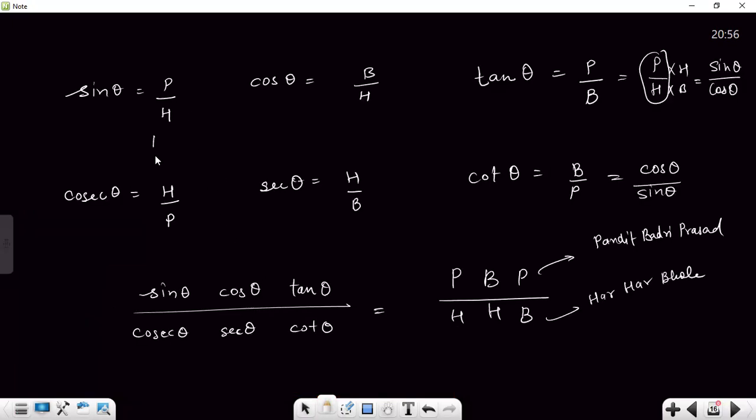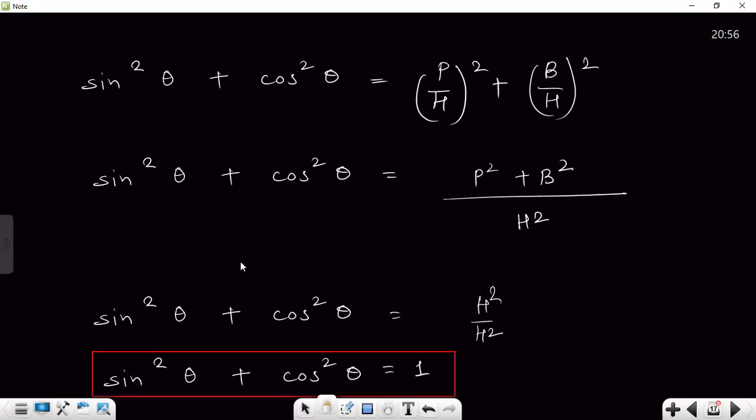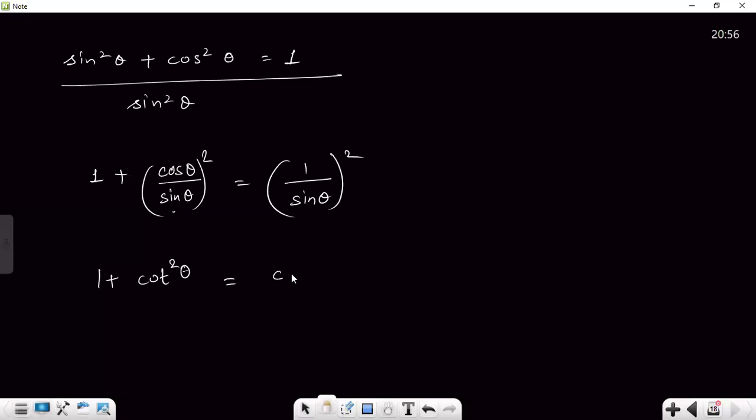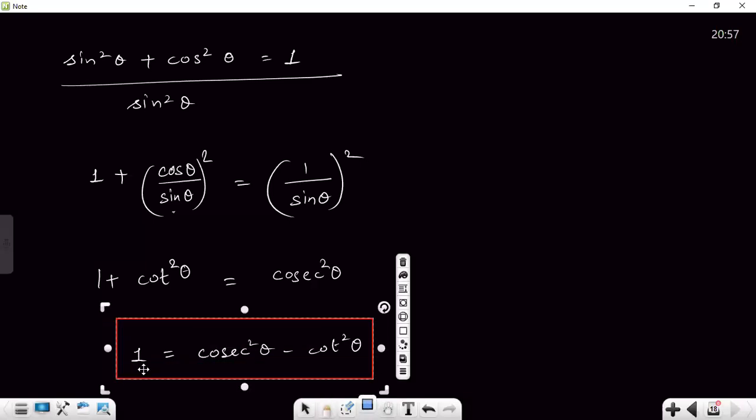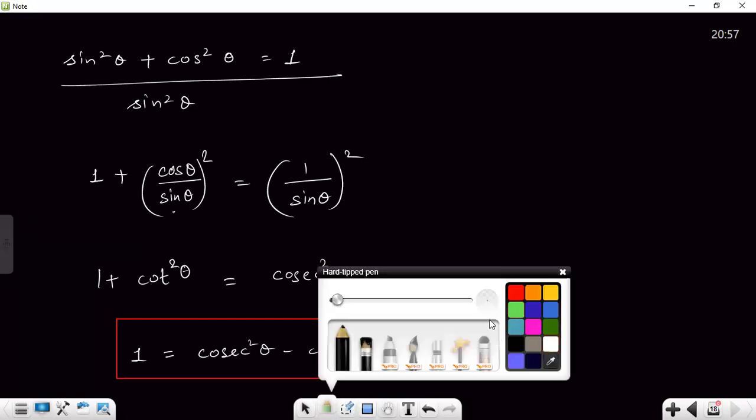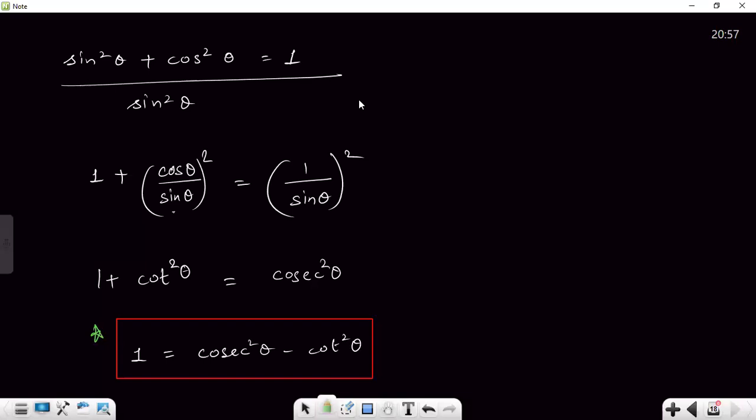Cosec theta, its multiple inverse. This is cosec square theta. If we rearrange it, it becomes 1 is equal to cosec square theta minus cot square theta. Is that clear? Second identity. Clear or not? This is the second identity.